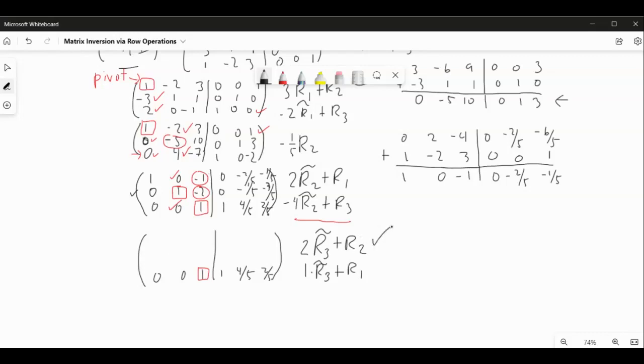And so if you carry out this operation, then what will happen is the second row will get replaced by the following. So it will be 0, 1, 0, 2, 7 fifths, and 1 fifth.